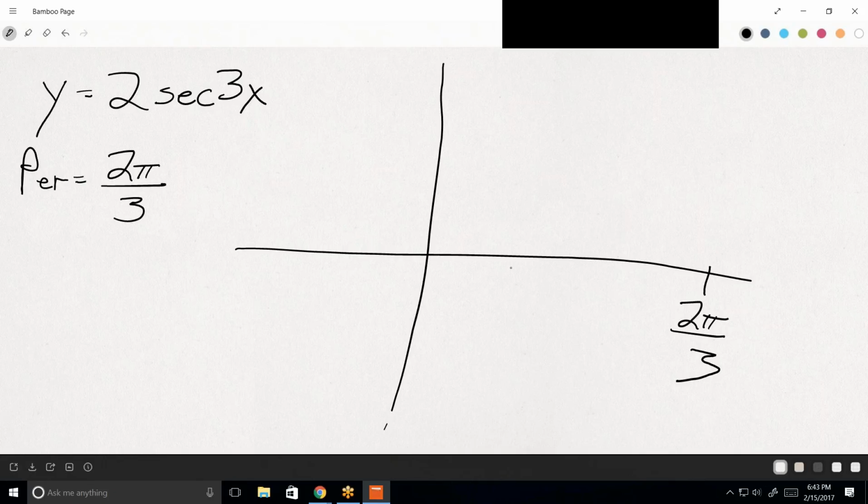Now, chop it up. You always have to chop it up. What's that point there? Just divide that by 2. 1/3 pi. And this point? Pi over 6. Okay, not so bad then. What's this point?